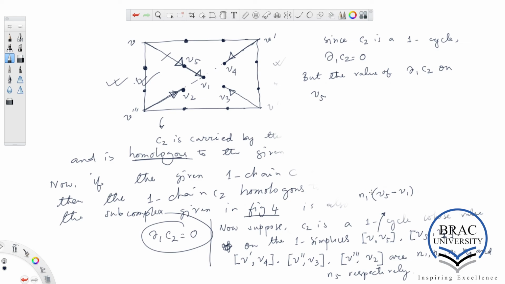Because the value of c2 on this one simplex is n1, right? So you get this one, and when you apply del 1 here, you get n2 times v1 minus v5, so that the value of del 1 c2 on the vertex v5 is n1 minus n2, right?